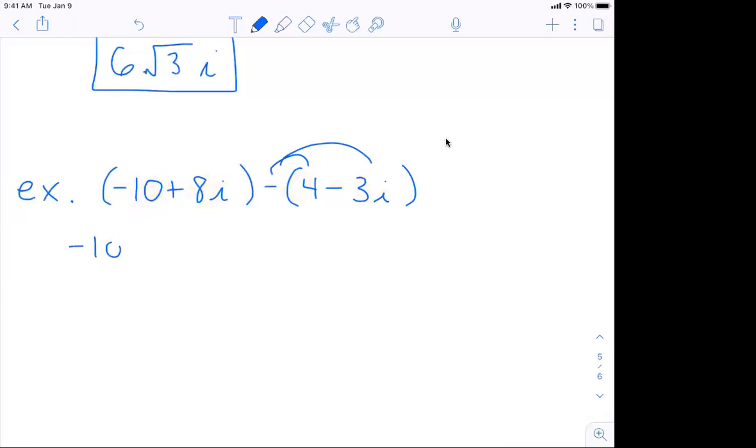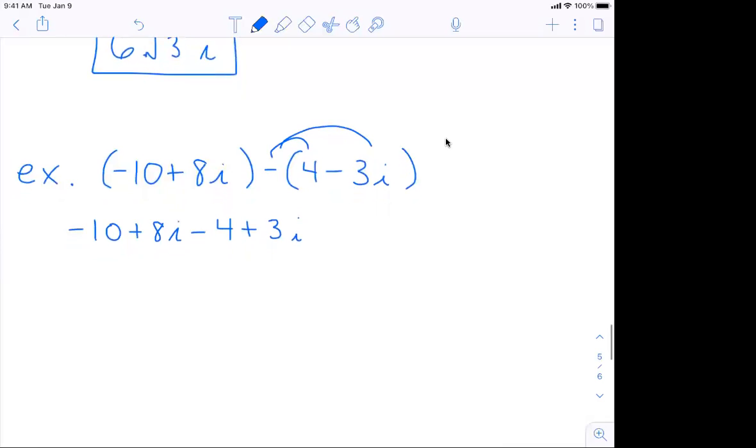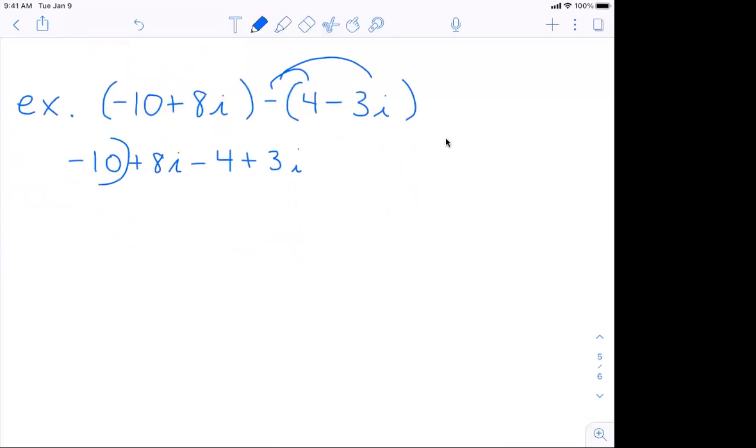So I have -10 plus 8i minus 4 plus 3i, and then combine my like terms. So I have -10 minus 4 is -14, and 8i plus 3i is plus 11i. And that's our answer.